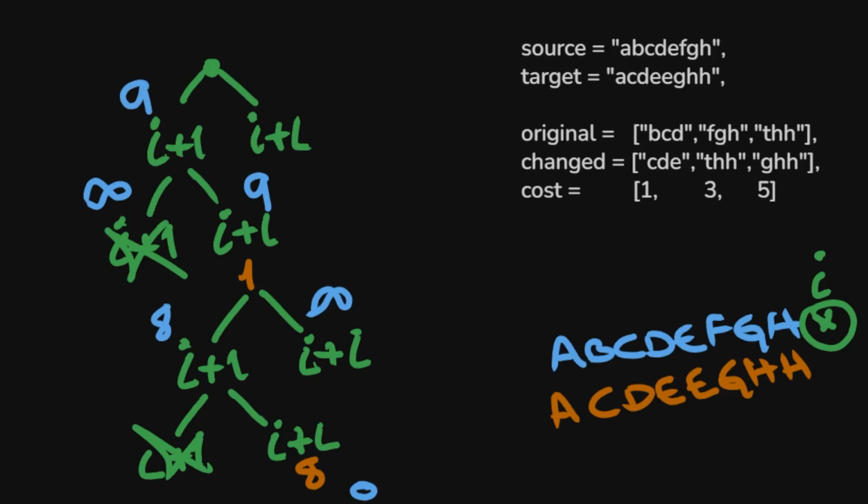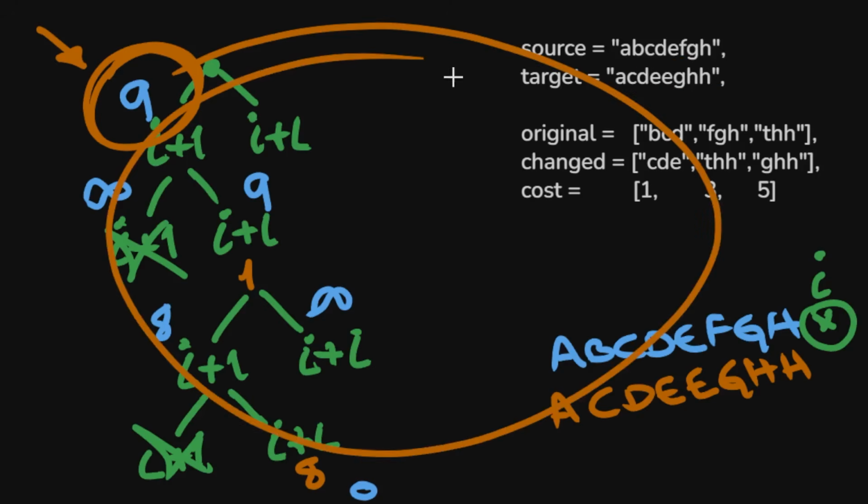Here we just return 9. So finally, given that the result is different from infinity, we return 9. If this was infinity, we would return -1 instead, because this would mean that we can't go from the source to the target. So this is a big overview of our algorithm.